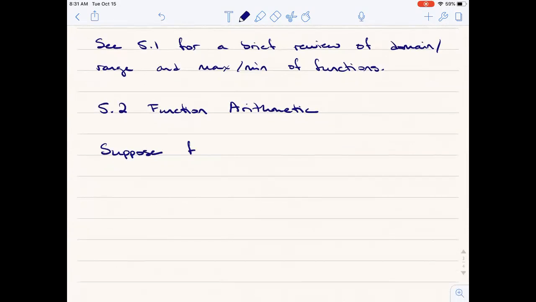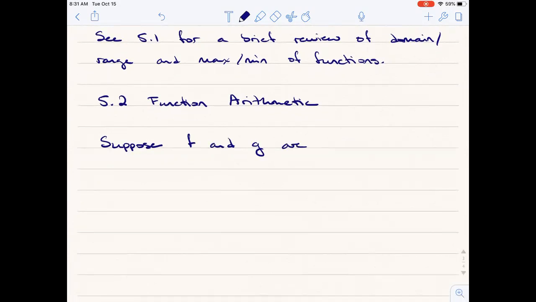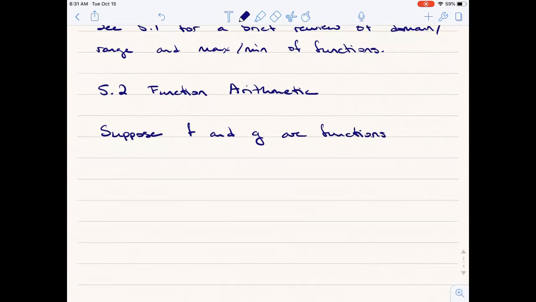Suppose f and g are functions, and x is in the domain of f and the domain of g.